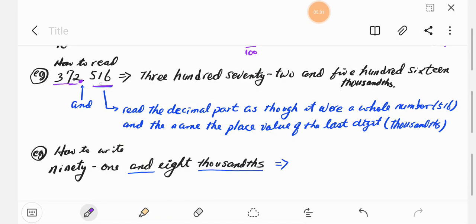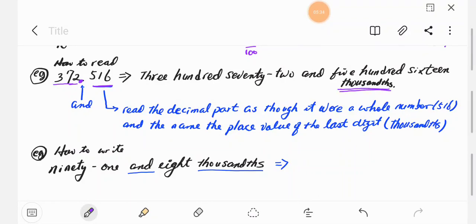There are 3 digits, so this will be thousandths. 5 is tenths, 1 is hundredths, 6 is thousandths. So the place value of the last one is thousandths. How many thousandths are there? 516. So read 516 first and then say thousandths. So 372 and 516 thousandths.